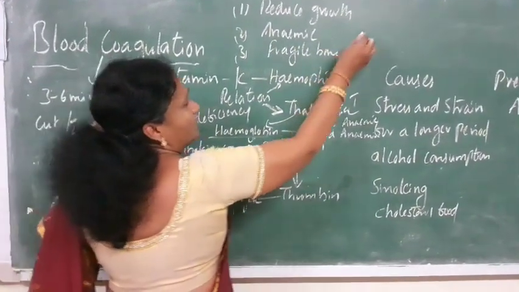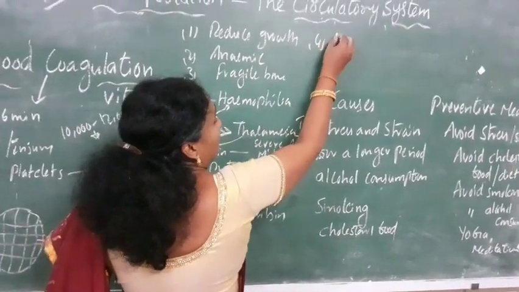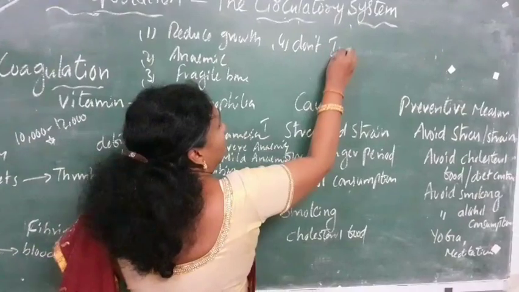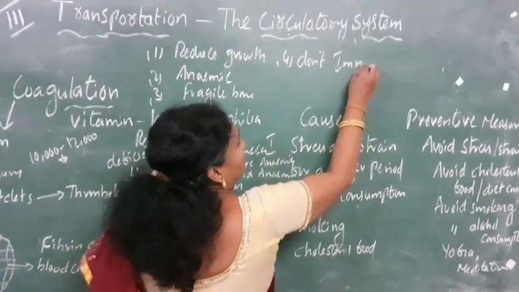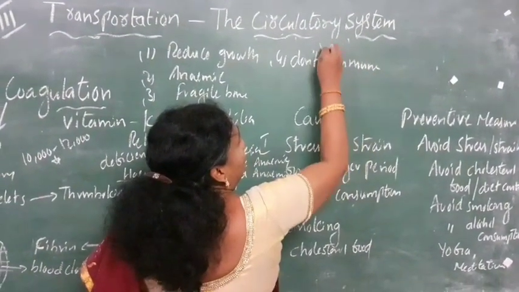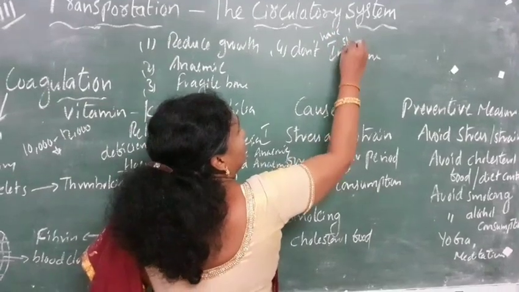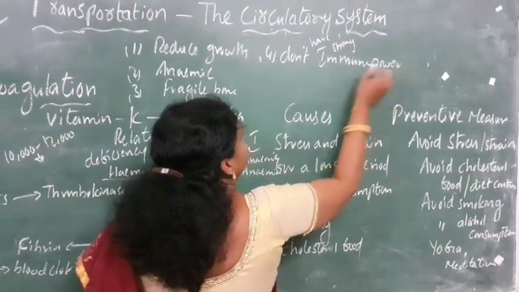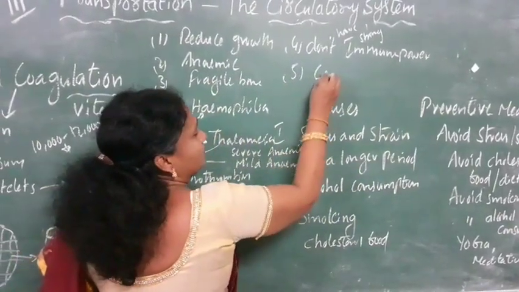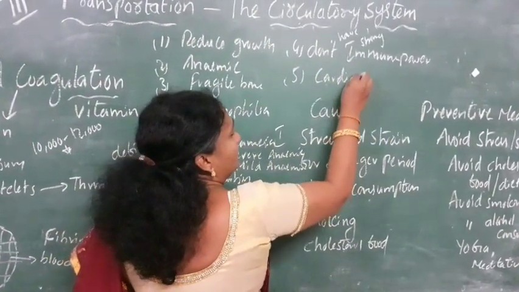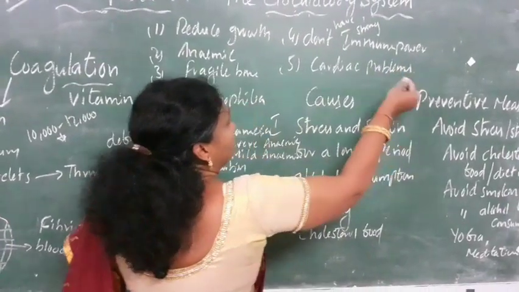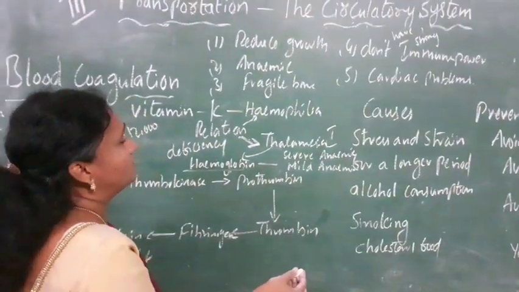The immune system will also be weak, so they don't have strong immune power. They frequently suffer from diseases, and sometimes they also get cardiac problems. These are some of the symptoms we observe.